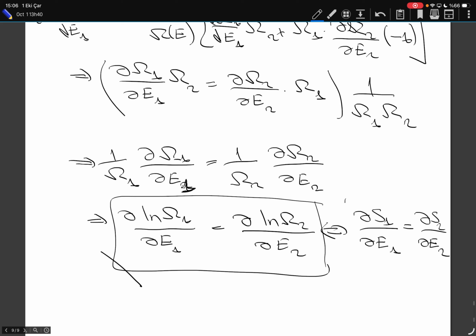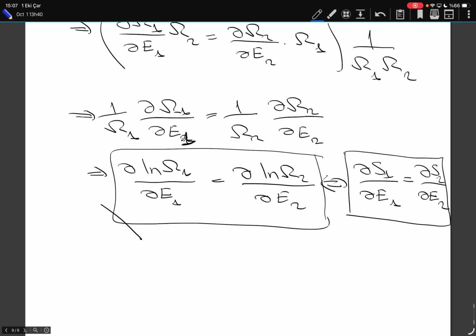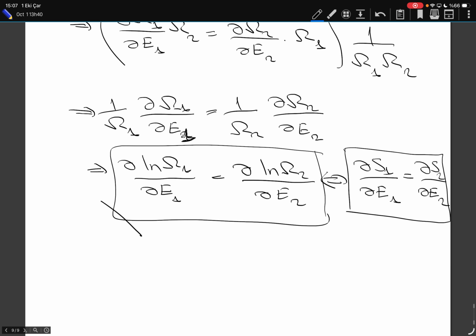Well, this is the same condition of equilibrium between these two systems in thermodynamics. They should give me the same condition. But that hints, at least, that S should be proportional to the logarithm of omega.